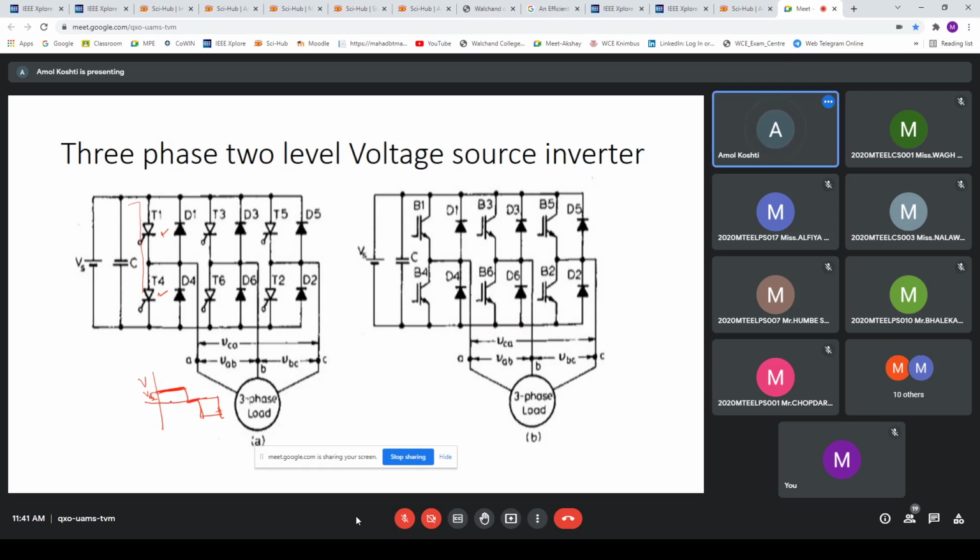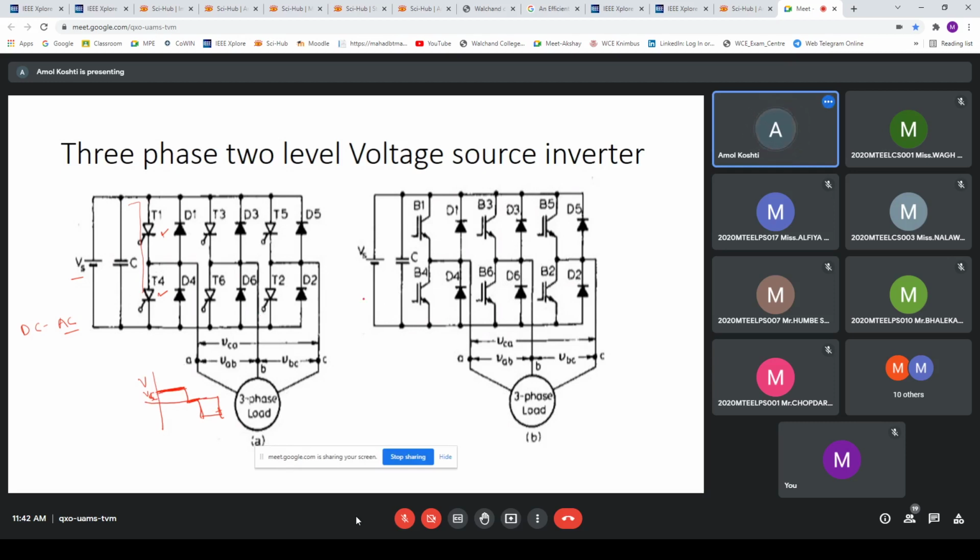Because in an inverter the basic operation is DC to AC. We have a DC source here and we are producing the AC output. In AC, we know it is always symmetric in nature. So to get symmetry at the output end, we have to produce the same output on the negative side, the same as this positive side of the waveform.